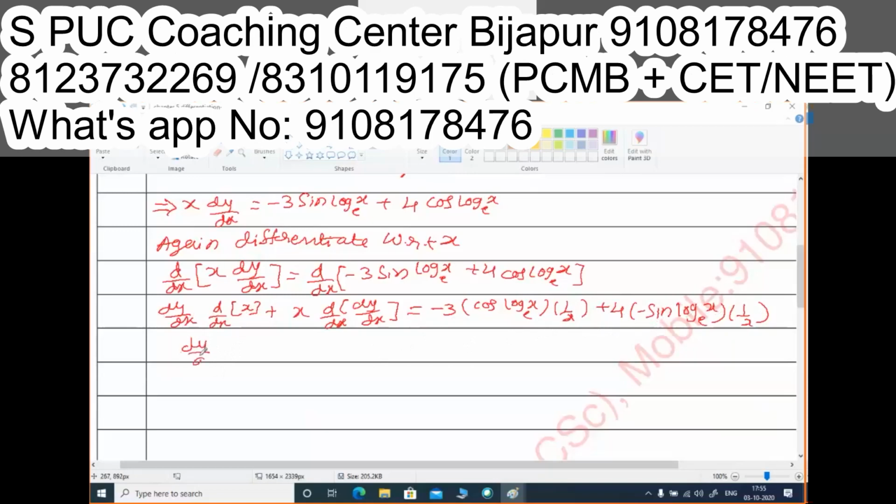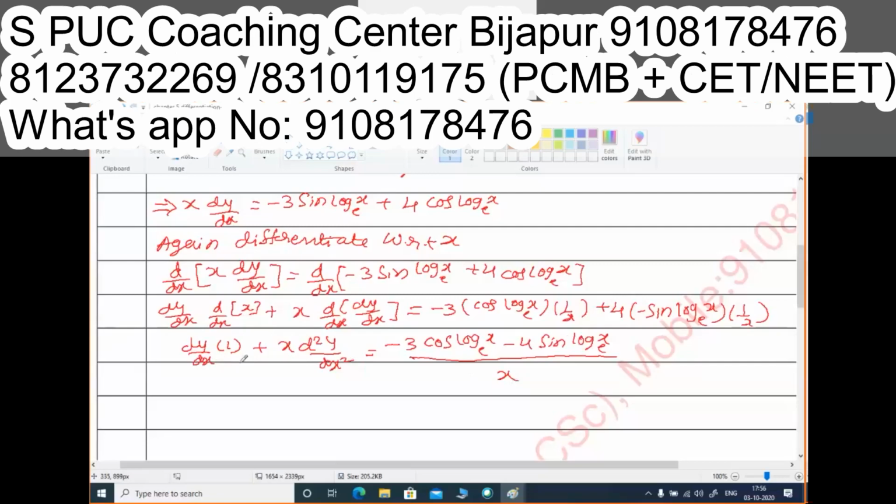dy by dx is going to come out, of course, x with respect to x differentiation is 1. Next, x into d square y by dx square equals, first you write it, minus 3 cos log x to the base e minus 4 sine log x to the base e, whole divided by x. Take that x to this side.